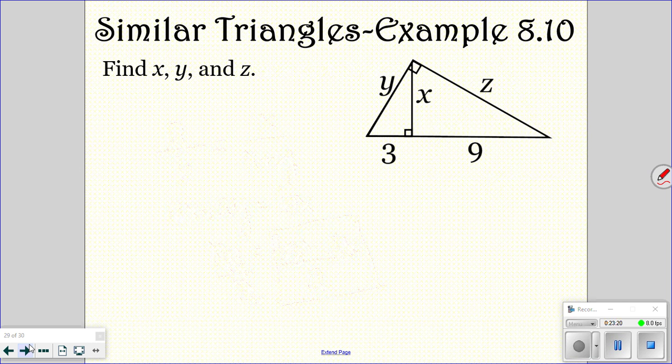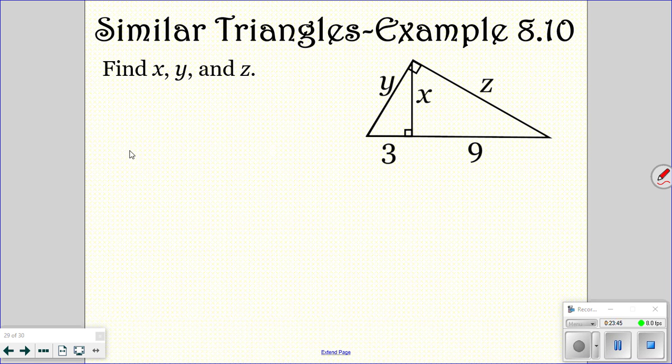Okay, so for this one, we need to find x, y, and z. So if you notice, there are three right triangles. There's this little one here on the left, there's this bigger one, and then there's the really big one. You can try and do similar triangles and turn them all the same direction and work from there, or you can use geometric mean from geometry.